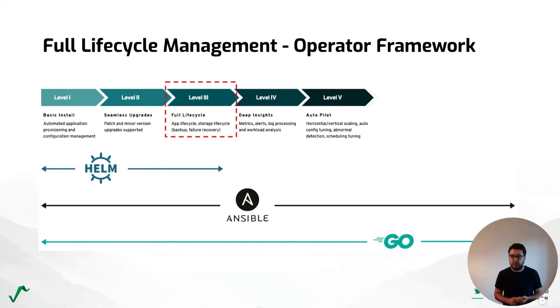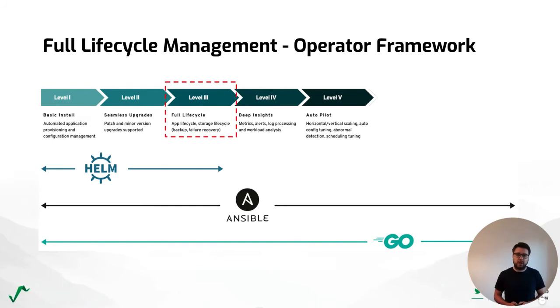But finally, level number 3 is a good place to be. I would say it's good enough to provide really good value for the team and reduce the number of operational activities.